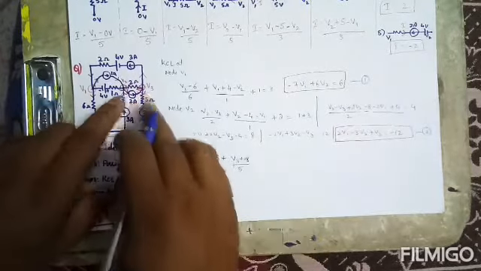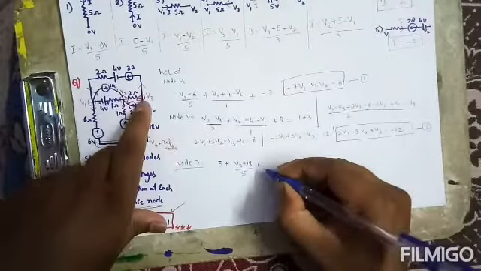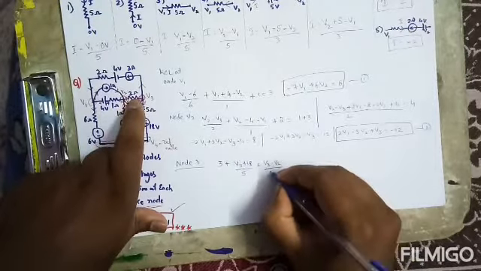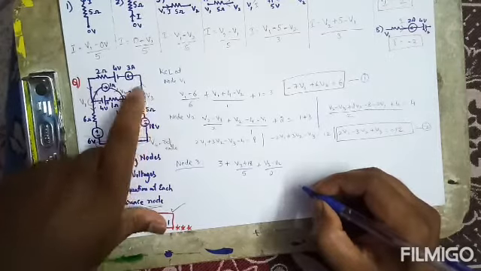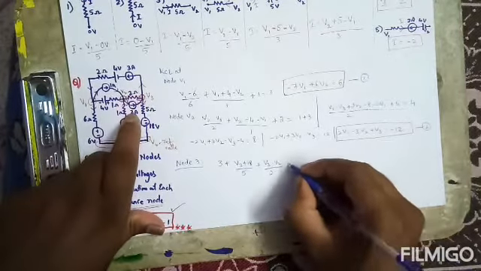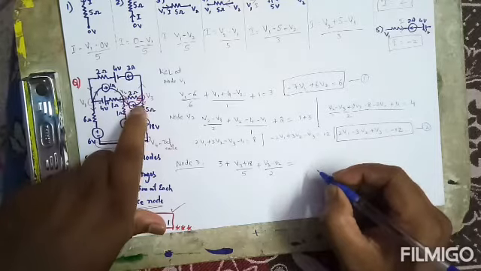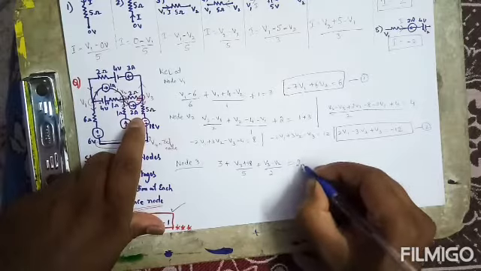Then this is another outgoing, so I can write it as plus V3 minus V2 by 2 ohm resistance. We got outgoing 1, outgoing 2, outgoing 3. This is incoming, so all outgoing should be equal to incoming. Source current and branch current both are in the same direction, so it is positive 2 amps.